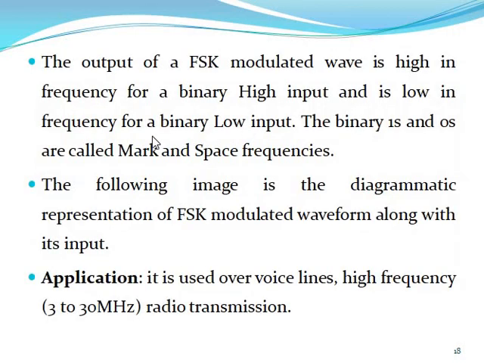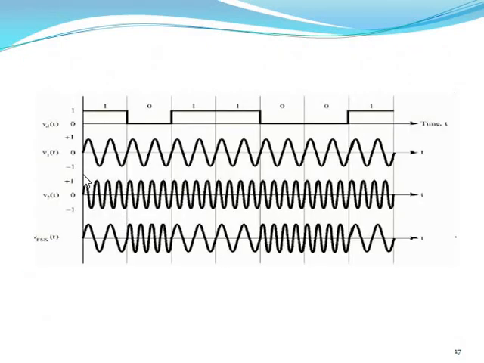So this is the high and low frequency. This is a diagrammatic representation of the FSK modulated waveform in analog with the input. So you can also represent the waveform. So this is the continuous waveform.